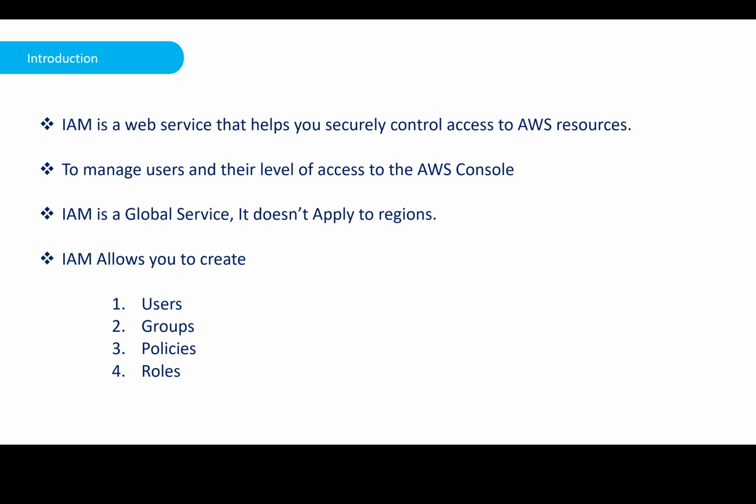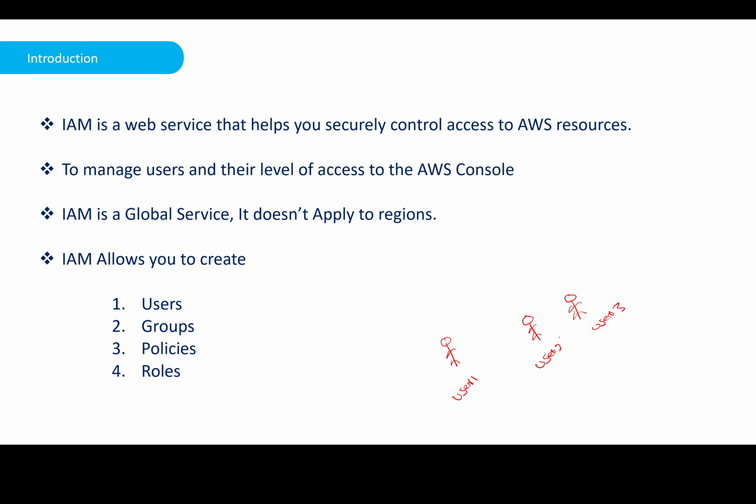Let us say there are 3 employees working in your team and they need access to your AWS account so that they can manage the resources like servers, databases, storage, load balancers, everything. Let us say there are 3 users. User 1, user 2, and user 3, for understanding purposes.